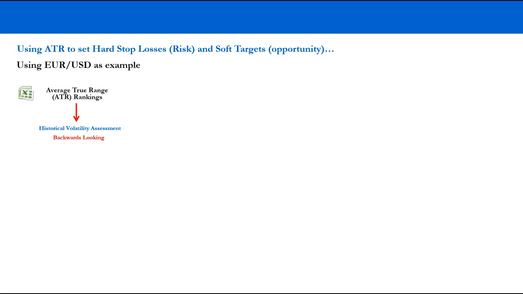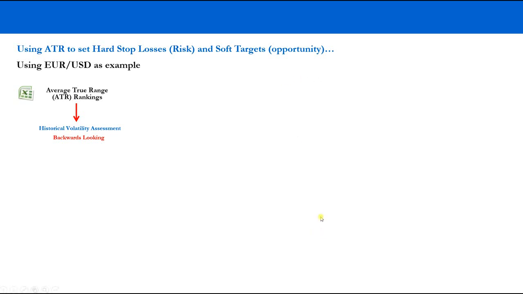So if you keep your ATR rankings spreadsheets for the tradable set always up to date, you'll be able to access the data and look at the historical volatility assessment, which is backwards looking, obviously, but you'll be able to use this to enable you to pick your stop losses and your targets very sensibly.